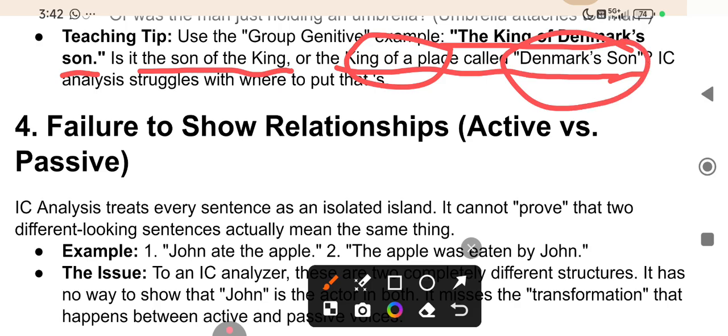Suppose Shakespeare's land, that is Shakespeare's home, because that piece of land belongs to Shakespeare. Confusion. So the son of the king, or the king of a place called Denmark's son. So the king comes from the place known as Denmark's son, or he is the son of the king, not clear.